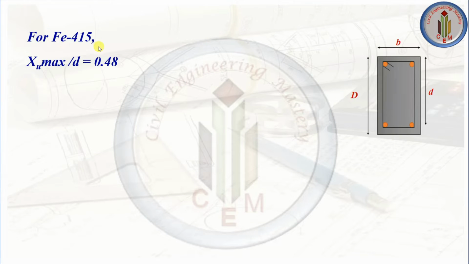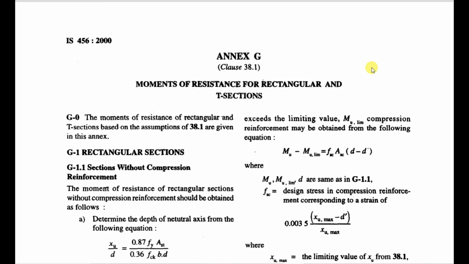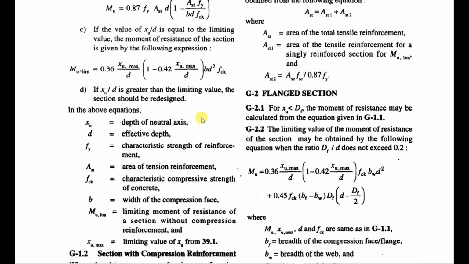So for Fe 415, xu max by d is 0.48. That also is from IS 456 2000, page number 70. This is the formula for Mu limit, 0.36 xu max by d into 1 minus 0.42 xu max by d into b d square fck.